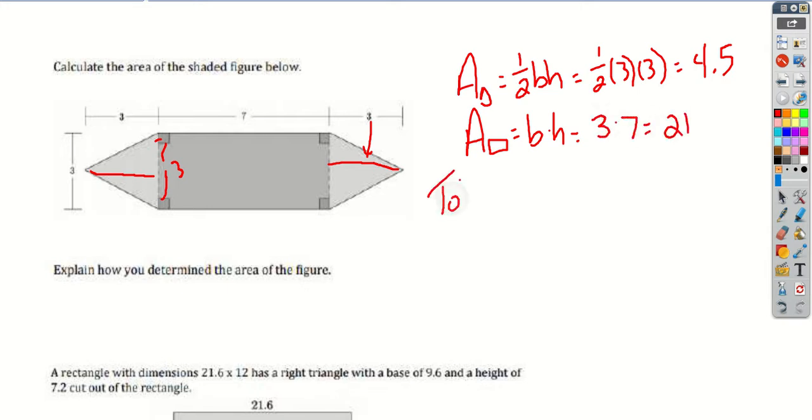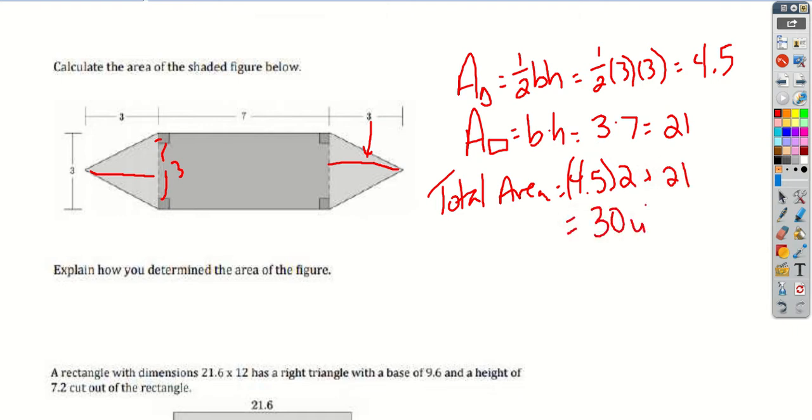And so our total area is 4.5 times 2, because there's 2 triangles, plus 21, and that's going to be 30. And in this case, there isn't any units, so we can either just say unit squared, or we don't really have to put units. We could just say 30 in the answer here. And that is our total area again.